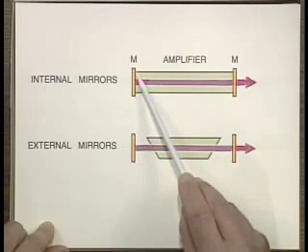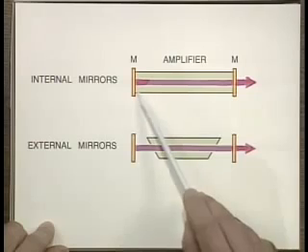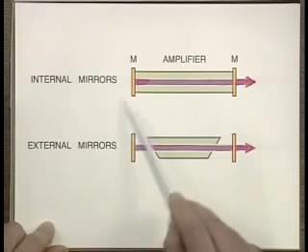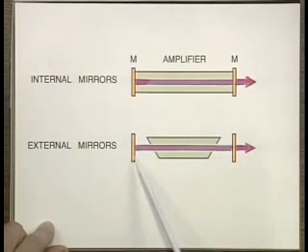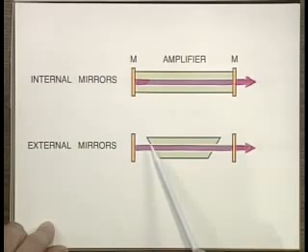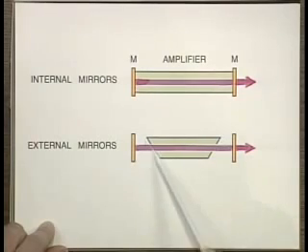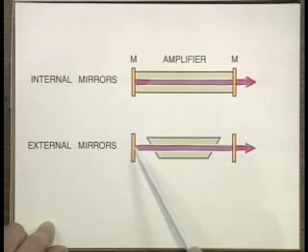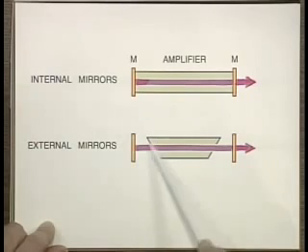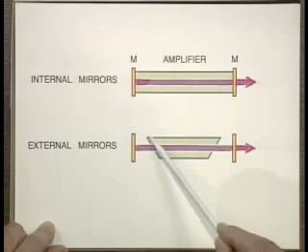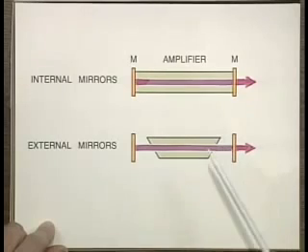One where the amplifier tube is terminated by the two mirrors, called an internal mirror laser, and the other one, which is quite typical for a lot of lasers, where the amplifier is terminated separately, not at the mirrors, and the mirrors are again separated from the amplifier. Usually these have windows set at a funny angle, called Brewster windows, to minimize reflections. Again, we'll mention that later.